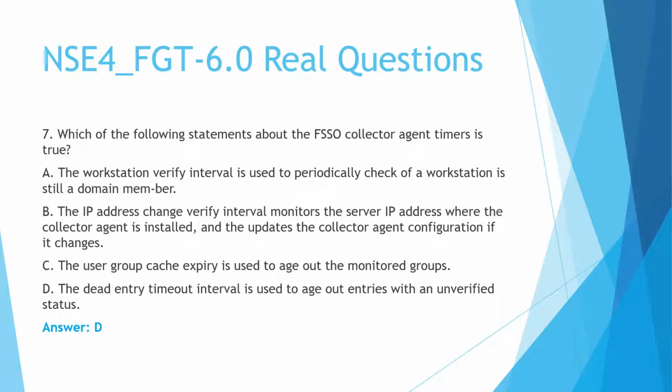B. The IP address change verify interval monitors the server IP address where the collector agent is installed, and updates the collector agent configuration if it changes. C. The user group cache expiry is used to age out the monitored groups. D. The dead entry timeout interval is used to age out entries with an unverified status.